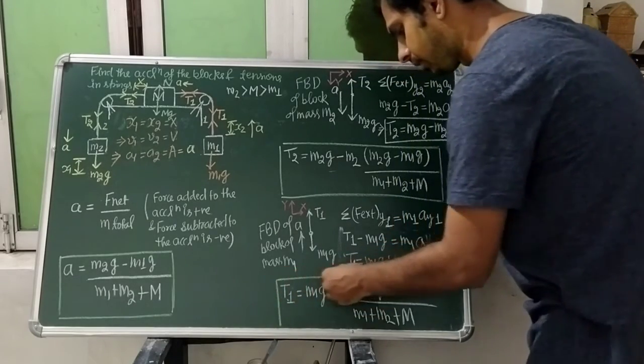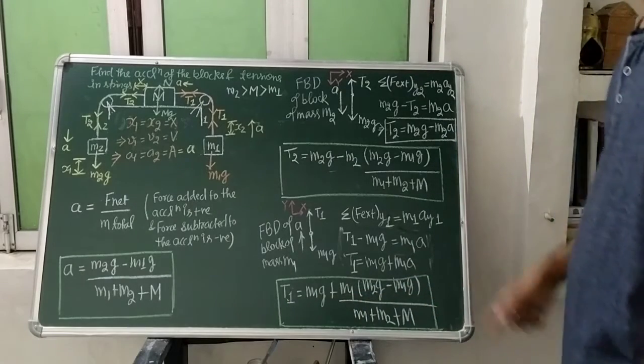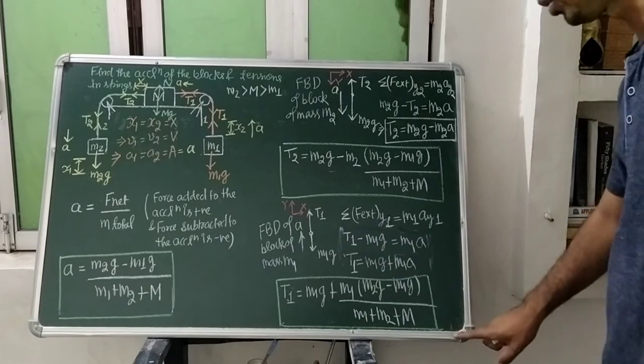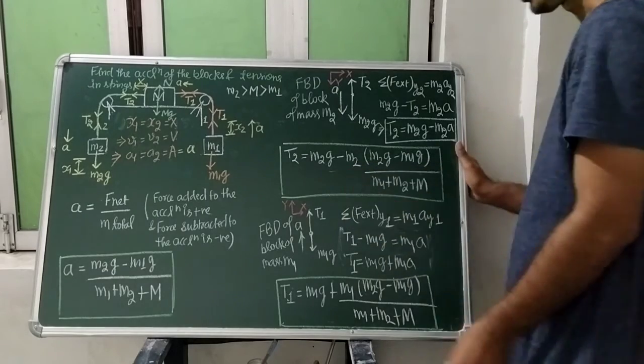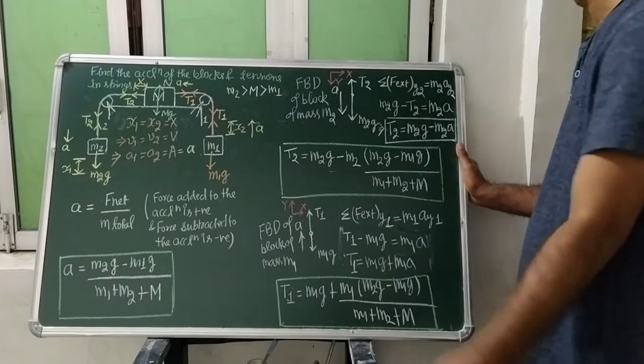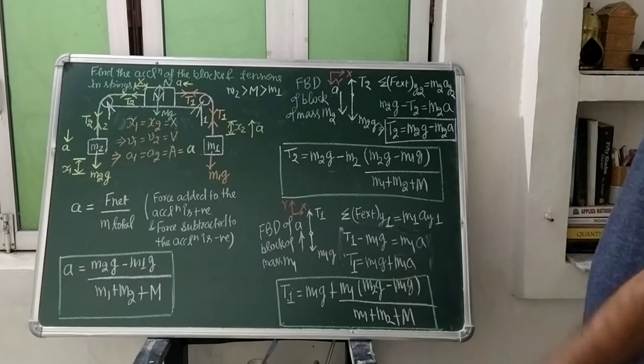So this will be the kind of expression of this tension T1, and kind of the expression T2 tension will be in this way. You can solve it more by solving this fraction and can get the final expression. I am not going to solve that. You can solve, otherwise you will get the numericals, so it will become a kind of easy task.